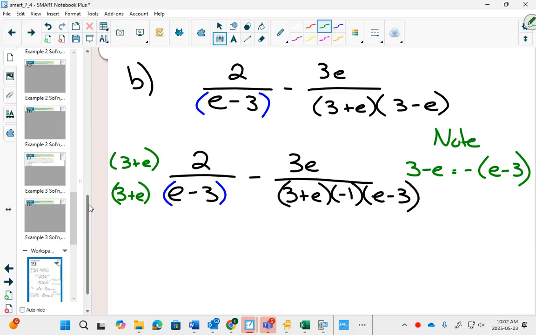So one of the things you could do is you could think of that minus 1 as being part of this denominator. So we could put a minus 1 there as well, because in order to add fractions, we need our denominators the same. Would that be what I would do if I was doing this question? Probably not. I would probably think about this idea.